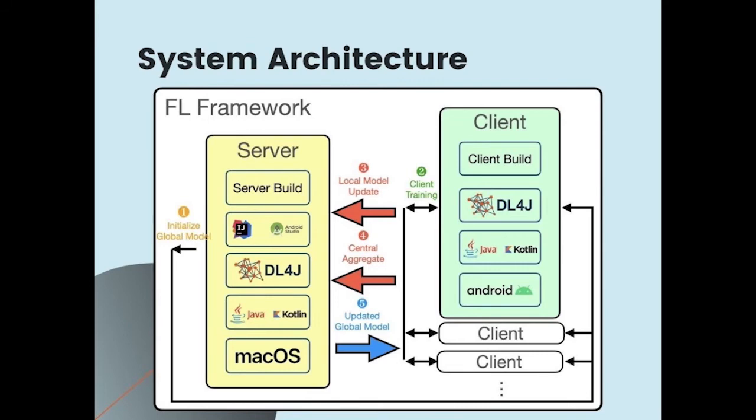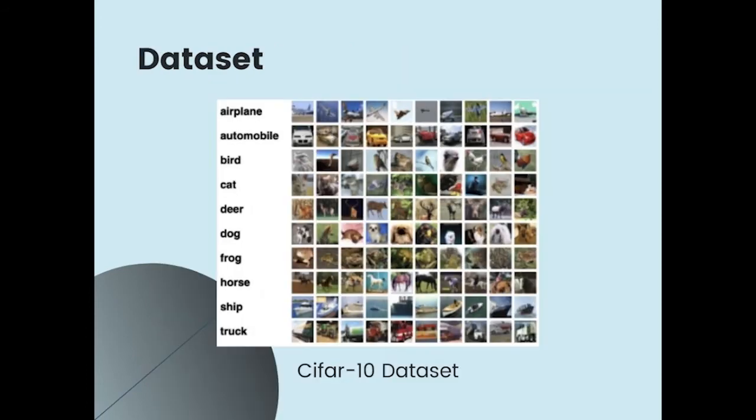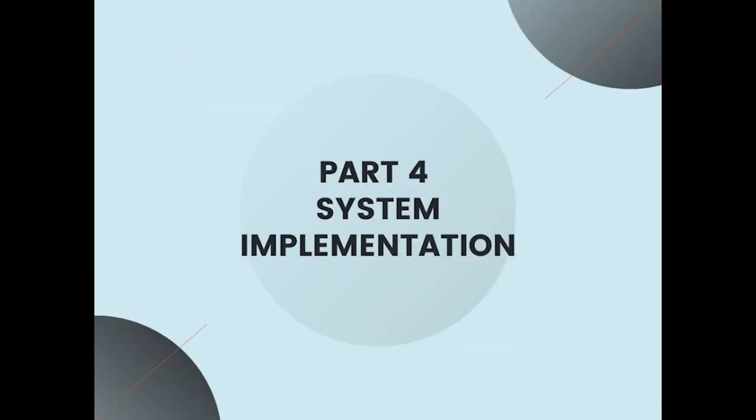The fourth step, after receiving the weights obtained after client training, the server aggregates the weights obtained by each client to generate an updated model. The fifth step is to transfer the updated model to the client. We use the CIFAR-10 data set as our data set.